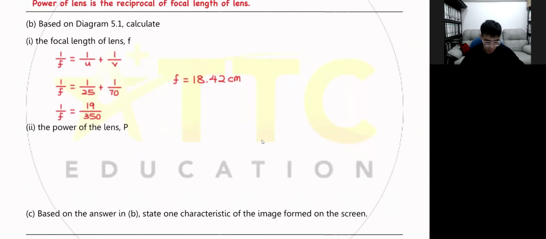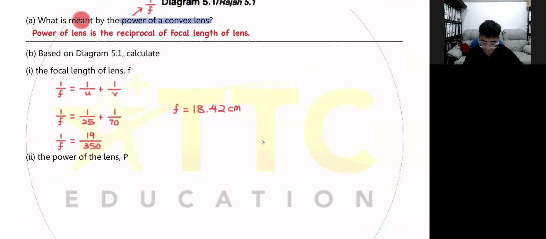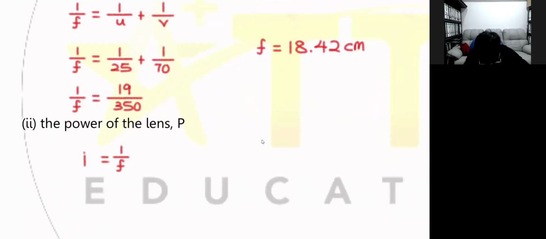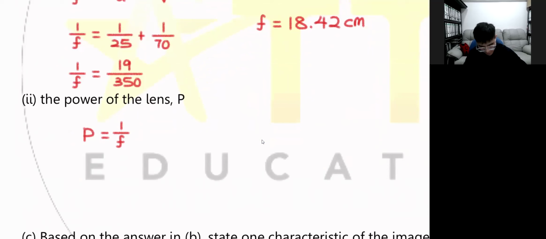Okay, then number 2, the question asks, what is the power of the lens P? If you want to calculate the power, you can use the formula 1 over f, that means 1 divided by the focal length. So P equals 1 over f.